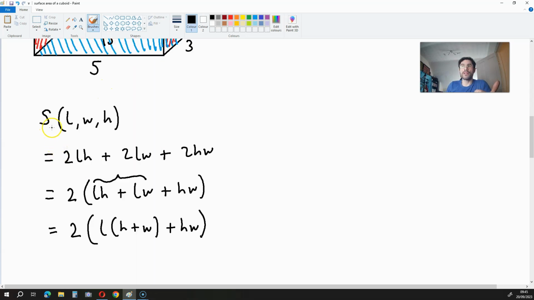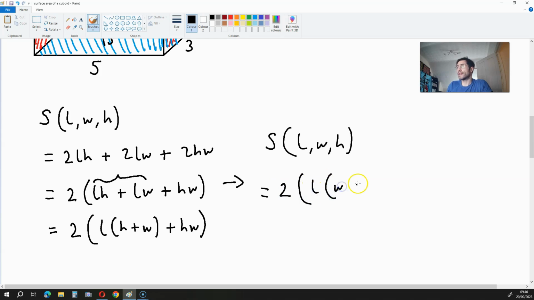So this is the formula for the surface area of a cuboid that we derived. I'm just going to clean it up so it looks a little better. So what I'm going to say is that the surface area is dependent on the length, width, and height, and that is going to be equal to 2 times, in brackets, the length times the width plus height, okay, plus width times height.